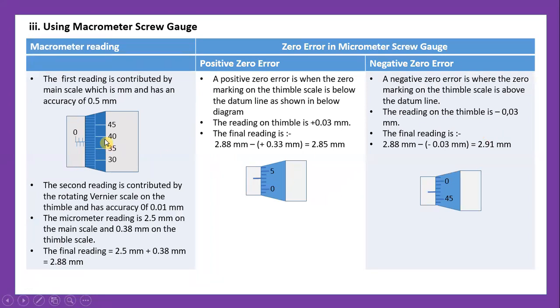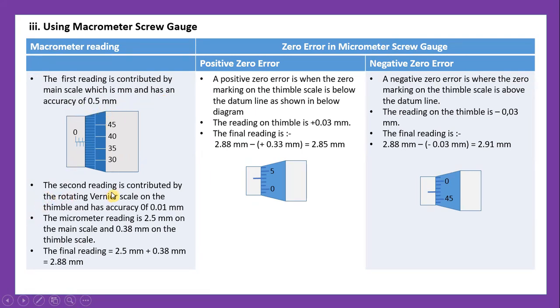Okay, you can see this is a measurement on the micrometer screw gauge. If you can remember, what is this? We call it the thimble. What is actually indicated here? The first reading is contributed by the main scale, which is in millimeter and has an accuracy of 0.5 millimeter.